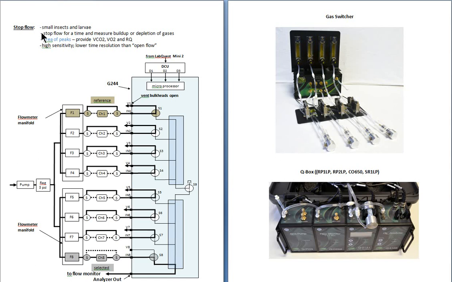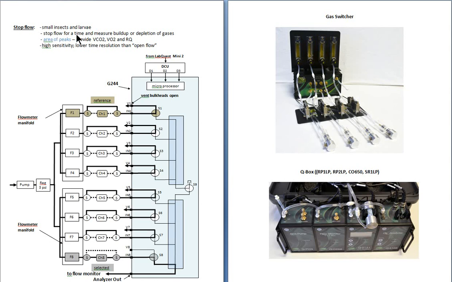In this method, you halt or stop the flow through the chamber for a certain length of time and let the gases build up in the case of CO2 or deplete in the case of oxygen. Then you resume the flow and sweep these built up gases out for analysis.